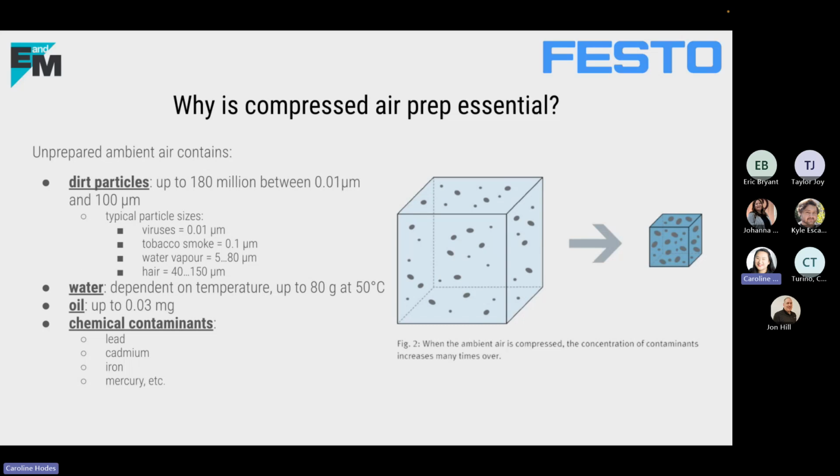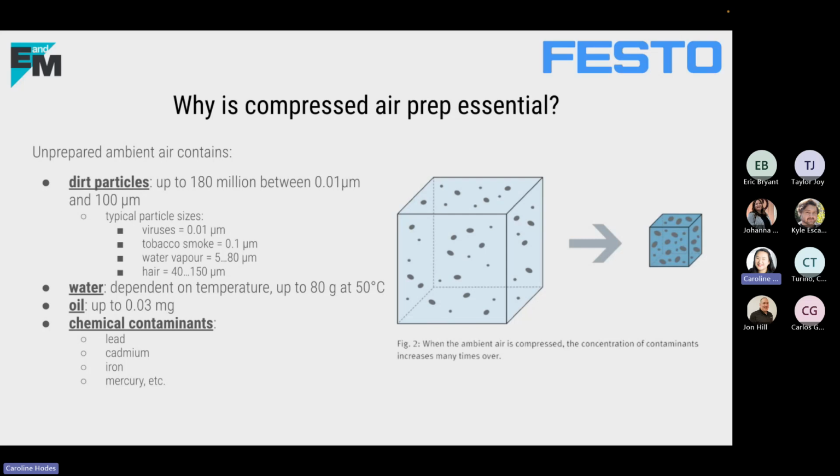The three or four main contaminants in unprepared ambient air start with dirt particles, which could be up to 180 million, between 0.01 micrometers and 100 micrometers. Typical particle sizes are listed below for viruses, tobacco smoke, water vapor, and hair, which are some examples of dirt particles, but not necessarily all of them.